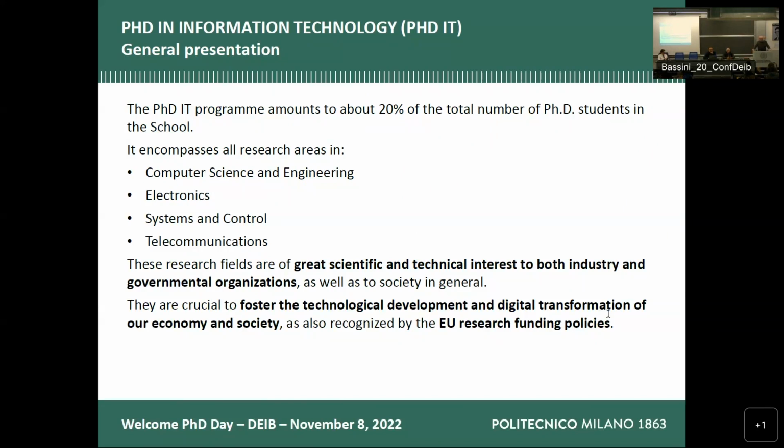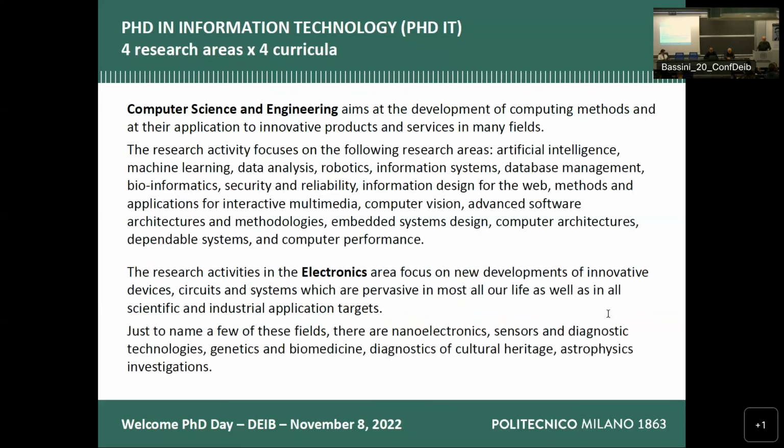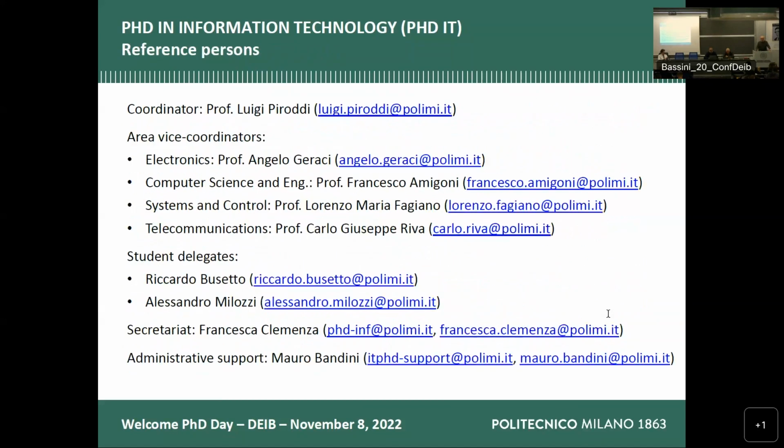But I think it is important to know what happens in all the DEIB, because much of the research done here is related to research in other areas that are still in the DEIB. So you may find very useful interactions between other groups if you look for them. This information relates to the four different curricula, but it is also reported in the educational rules, so I won't comment on this now.